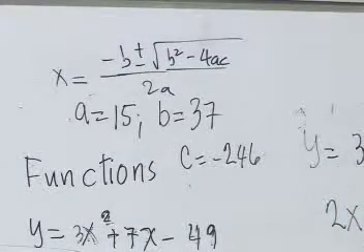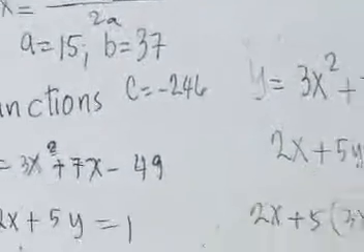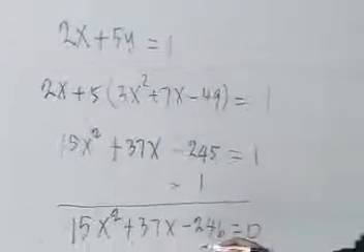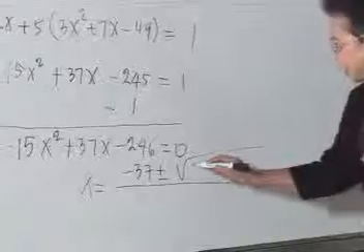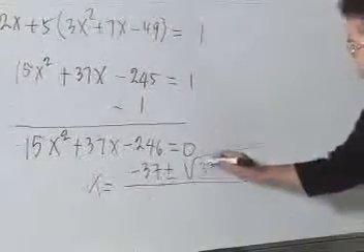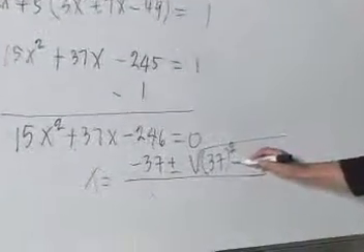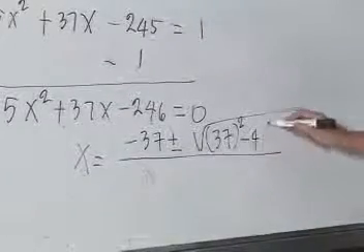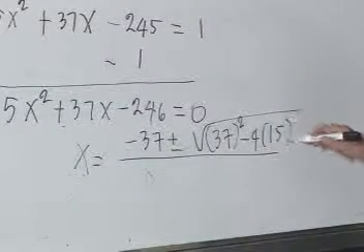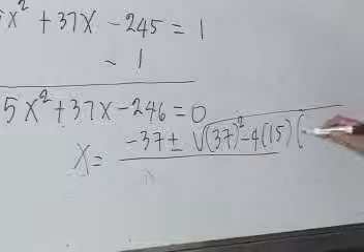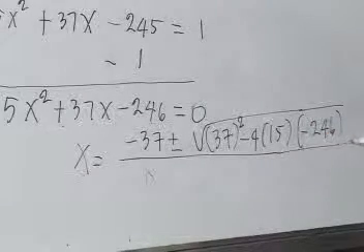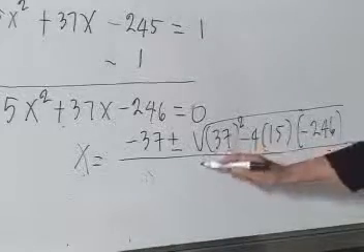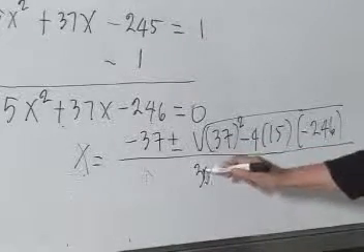So, x now will be minus b, minus 37, plus or minus the square root of b squared, 37 squared, use your calculators, minus 4 times a, which is 15, times c, which is negative 246, all over 2a. 2 times 15 is 30.